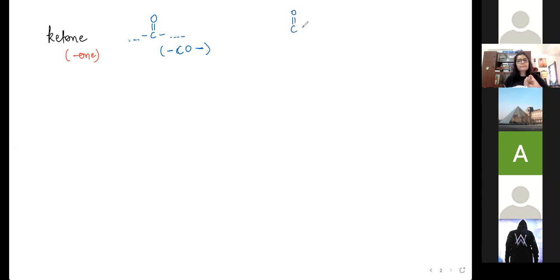It needs a carbon atom on both sides, so it needs three. Look at the alternative. If I have C double bond O, and here instead of carbon I put a hydrogen, it would be an aldehyde. That is why the smallest ketone, because it needs carbon atoms on both sides, should have minimum 3 carbon atoms.